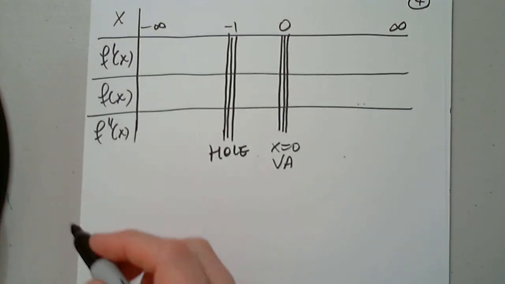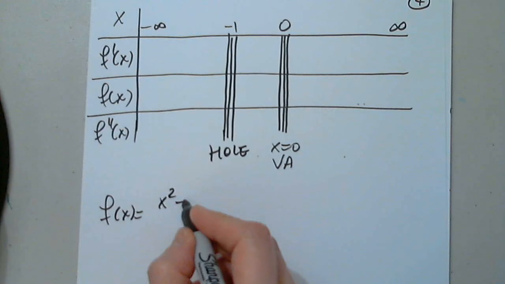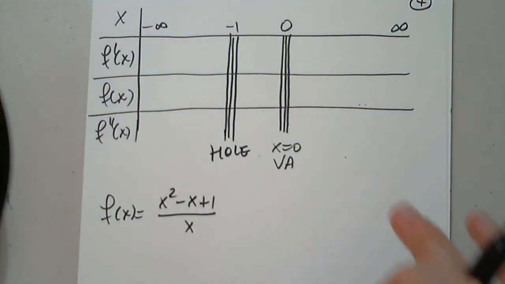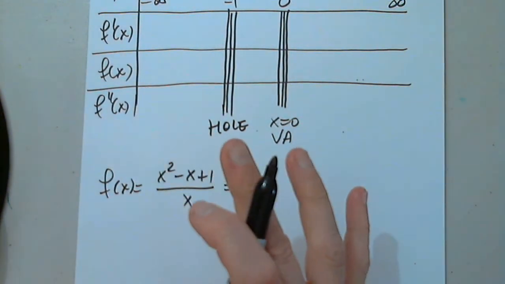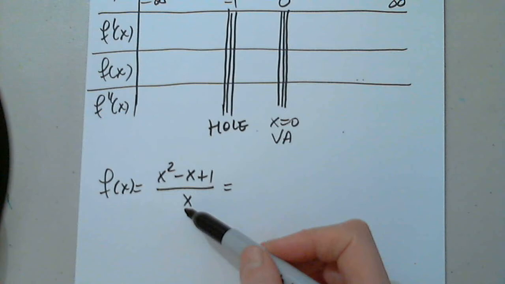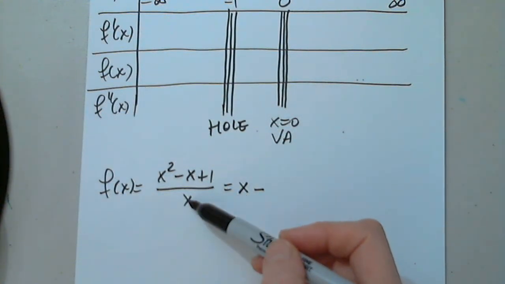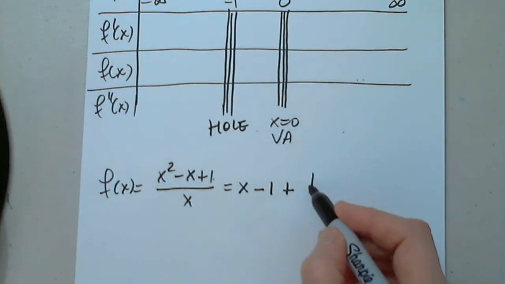The simplified form of this function is x squared minus x plus 1 over x. I like this because I can separate it into 3 fractions. X squared over x, and I get x, minus x over x, and I get 1, plus 1 over x.